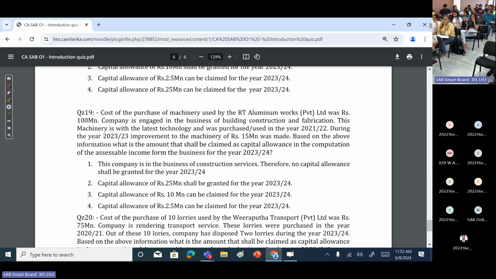Okay. Improvement cost. Yeah. And 360 divided by 3 years. That should be the correct answer, but the improvement cost has been incurred in 22-23, right? Yeah. So, the answer is there.